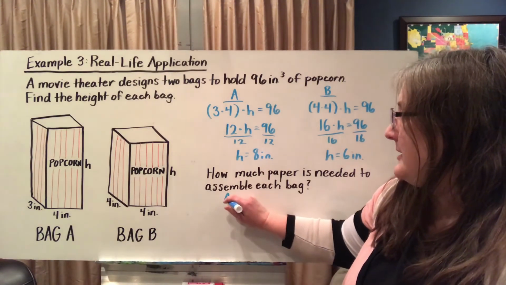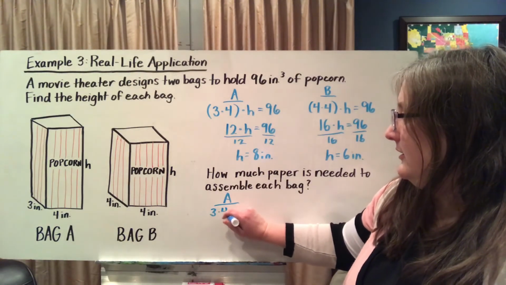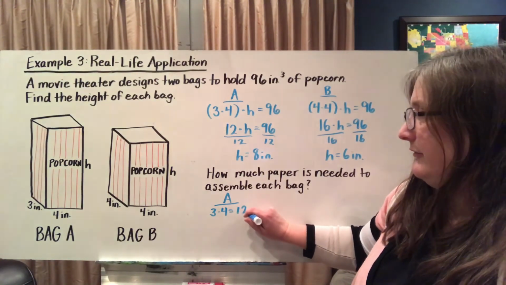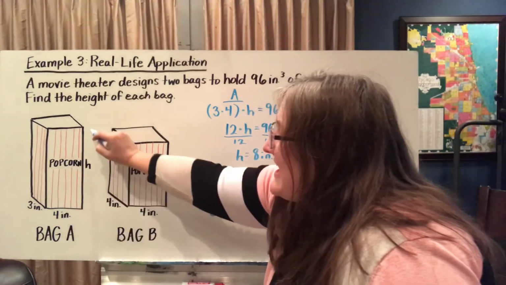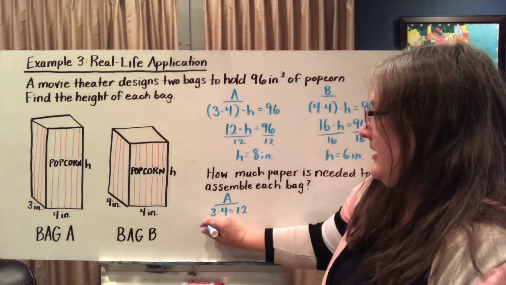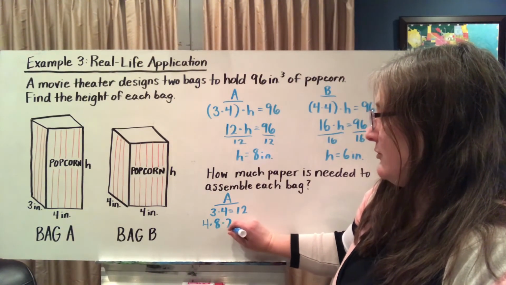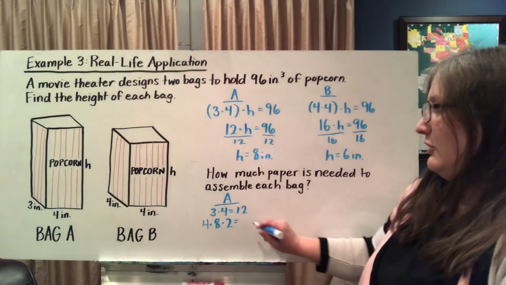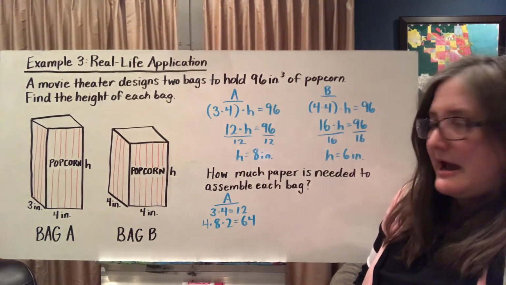So for bag A, the base is a 3 by 4 rectangle, which is going to have an area of 12. The front part of the bag is going to be a 4 by 8 rectangle. And since the front of the bag is going to match the back, I'm going to double that. So I get a total there of 64 for the front and back pieces.